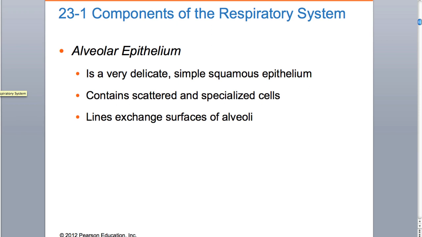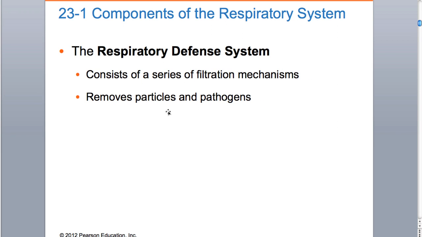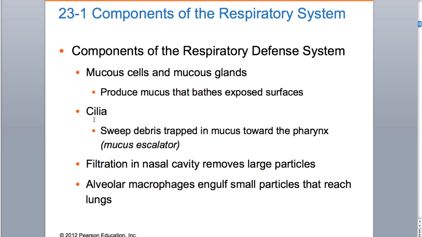Okay. Next slide. Okay, having talked about germs and debris, we have the respiratory defense system. It consists of a series of filtration mechanisms to do what? Remove particles and pathogens. Now the next slide expands on that thought. We have our cilia that you saw a moment ago.